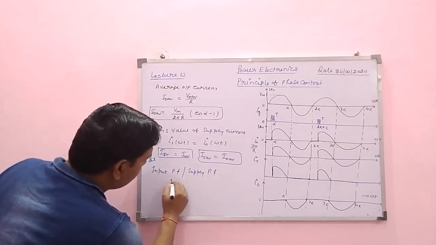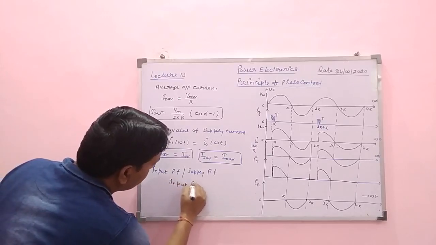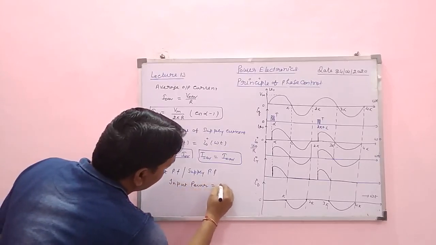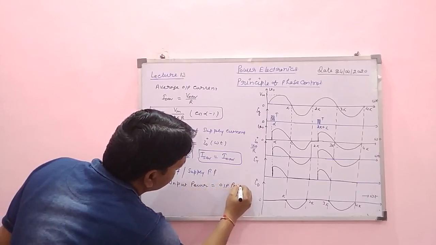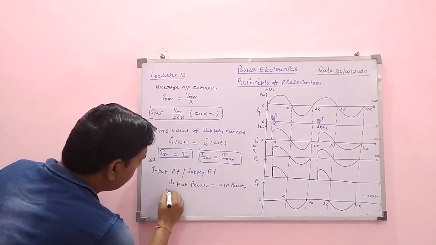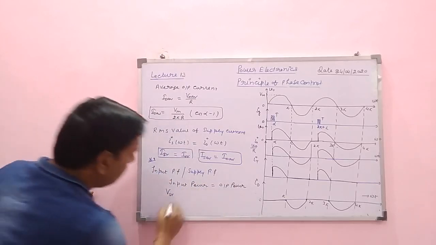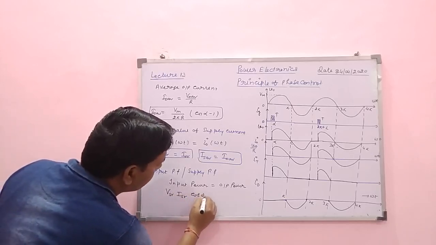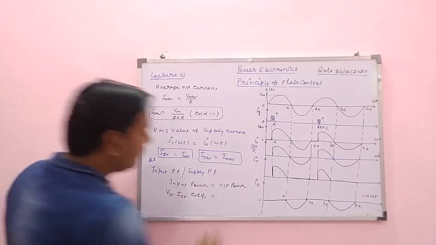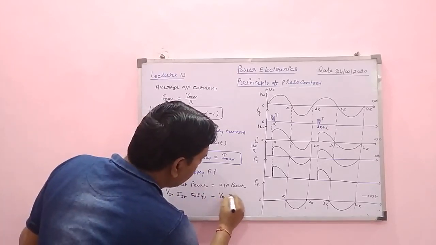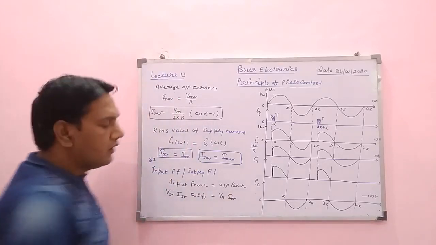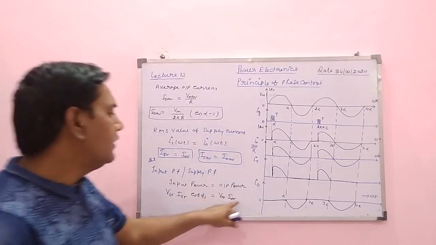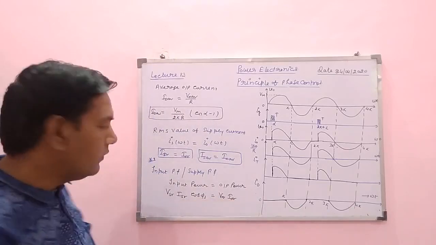So input power is the RMS value of supply voltage into the RMS value of supply current into the power factor of supply, which is equal to the output power, V naught R into I naught R, because the load is resistive, so the power factor of the load is unity.